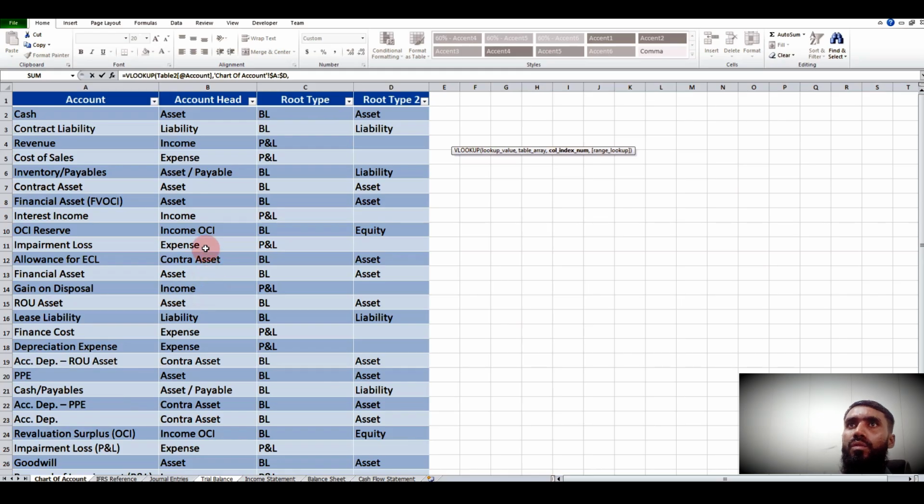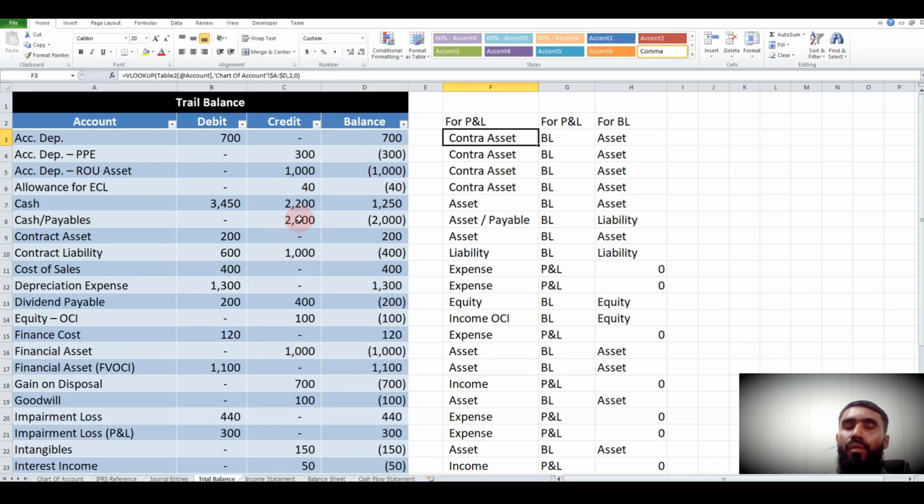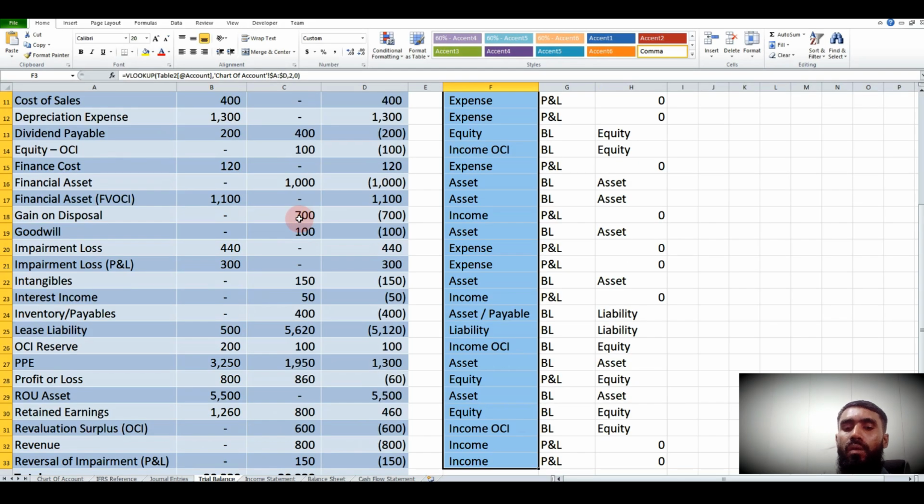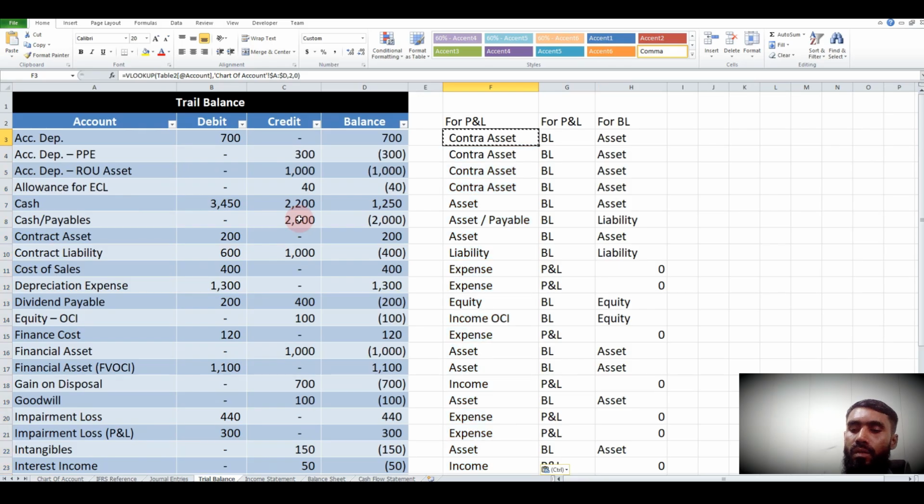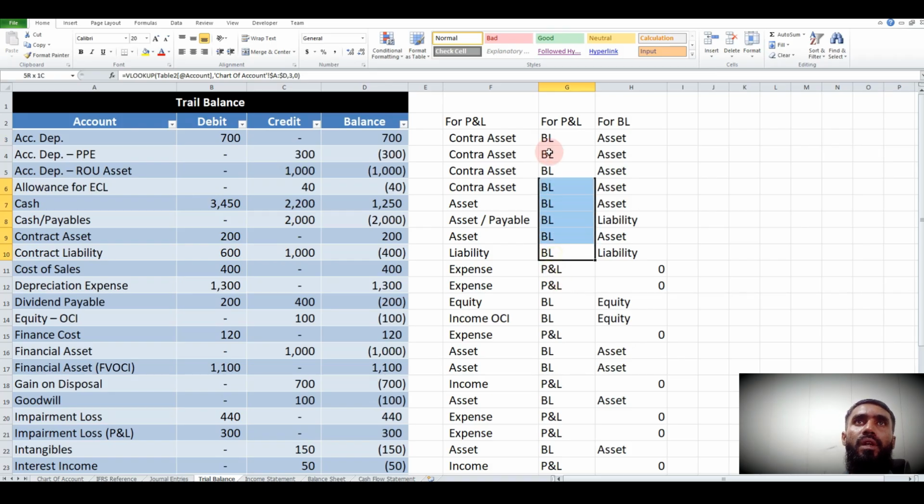Here I want to generate an income statement, so I need the account column to be 2, comma 0 or false, bracket close, enter. Here is the result. Now copy and paste to the selected cells. All accounts are here, created like a P&L statement.